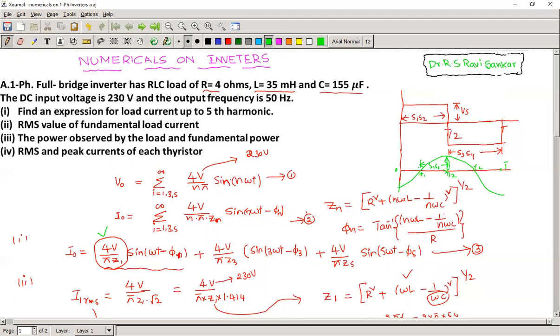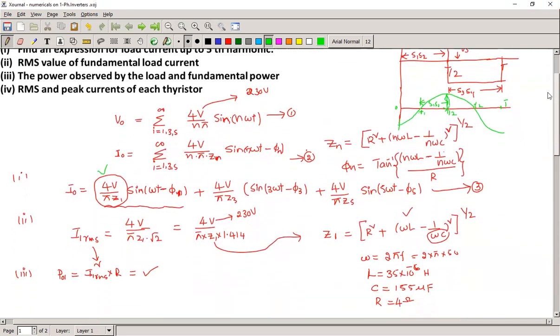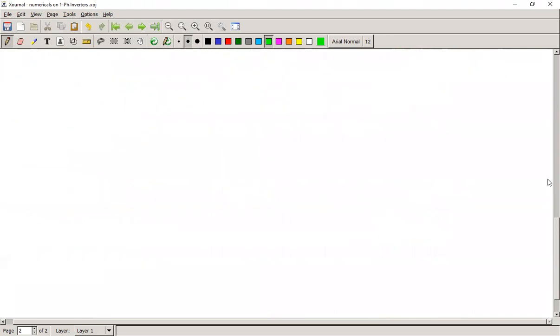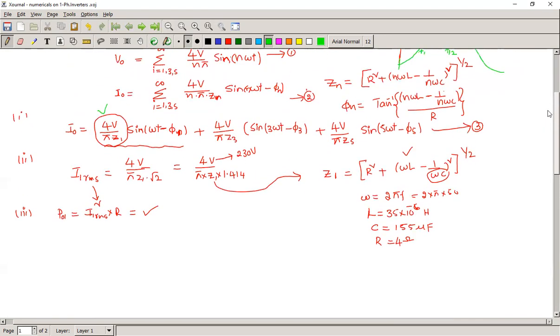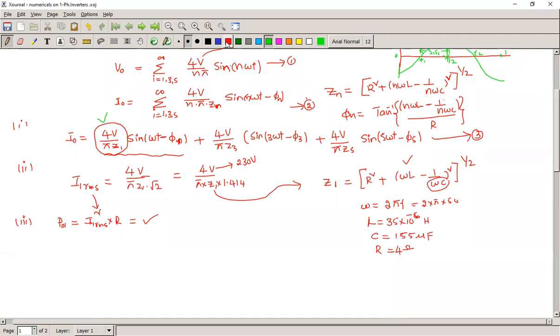So the peak current carried by the SCR or switching device, whatever it is, equals 4V by pi Z1.